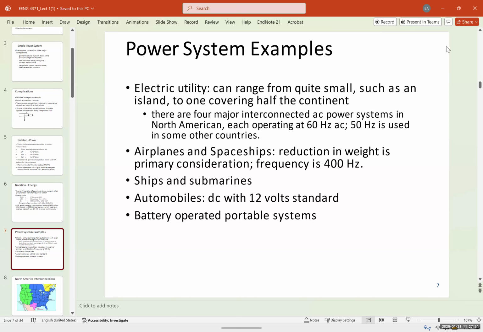For example, spaceships and airplanes use higher frequencies, around 400 hertz, because that reduces the weight, so you would have smaller power electronics for them.